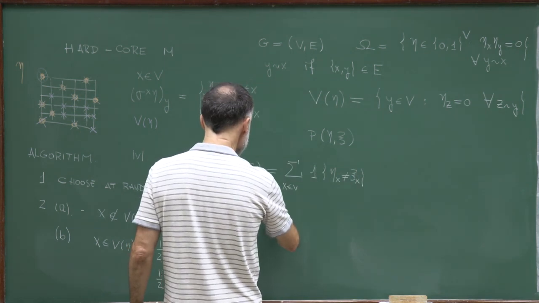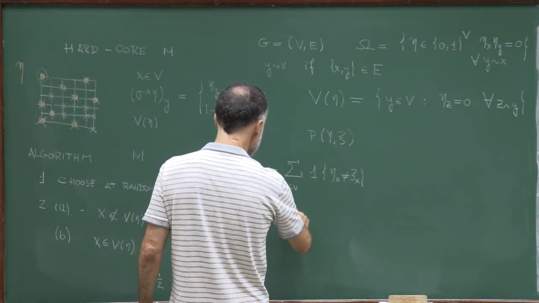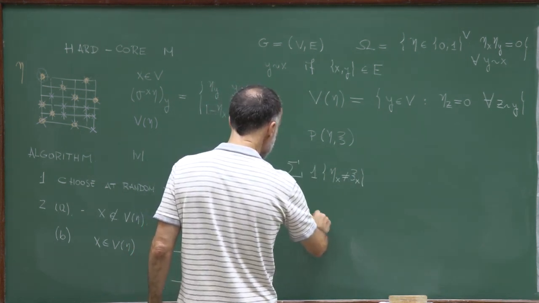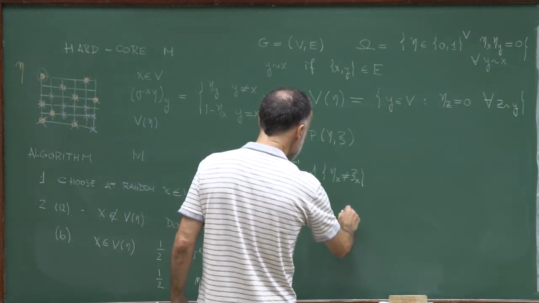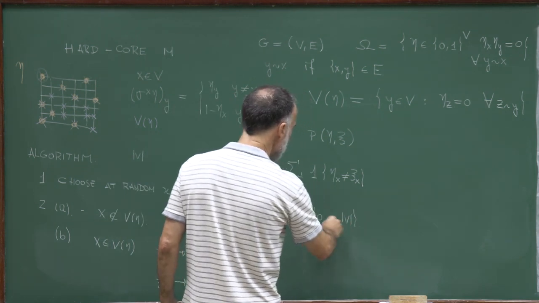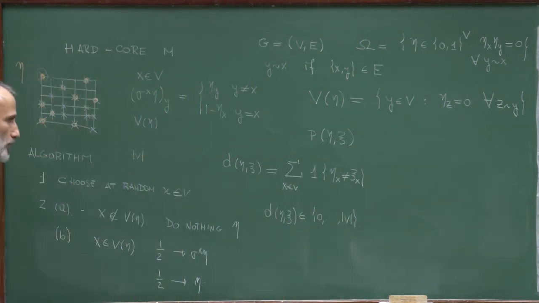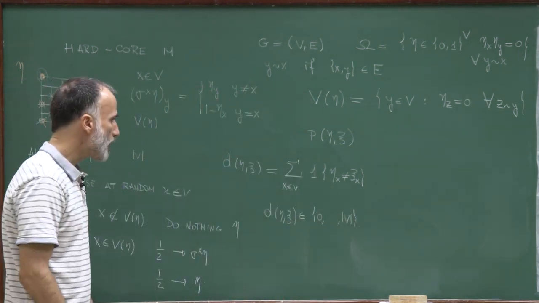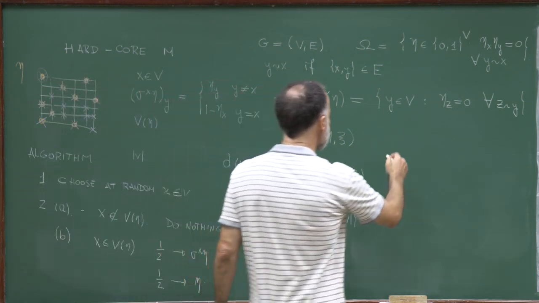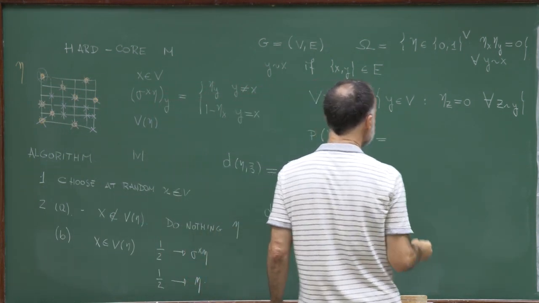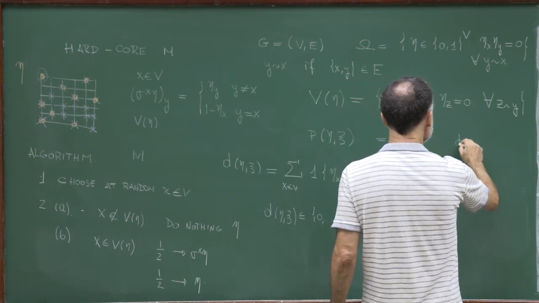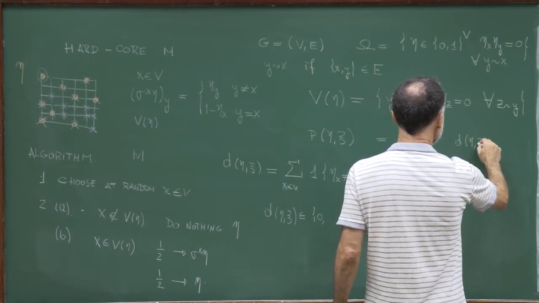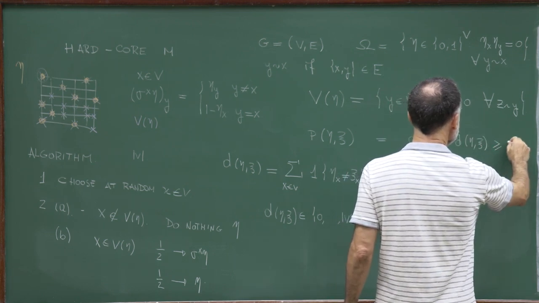This distance can be equal to 0 if psi is equal to eta up to V. It's a number between 0 and the total number of sites. What I claim is that this probability is equal to 0 if the distance between eta and psi is larger or equal to 2.